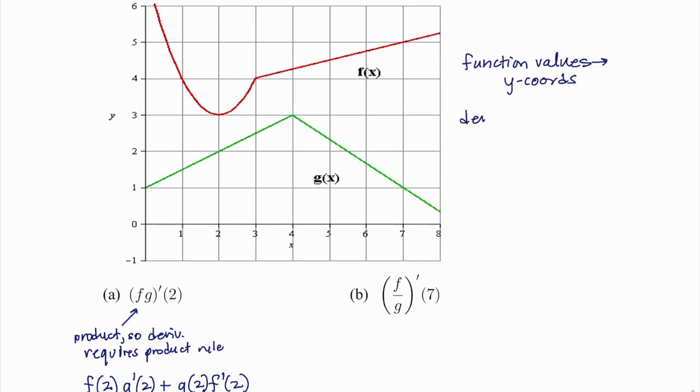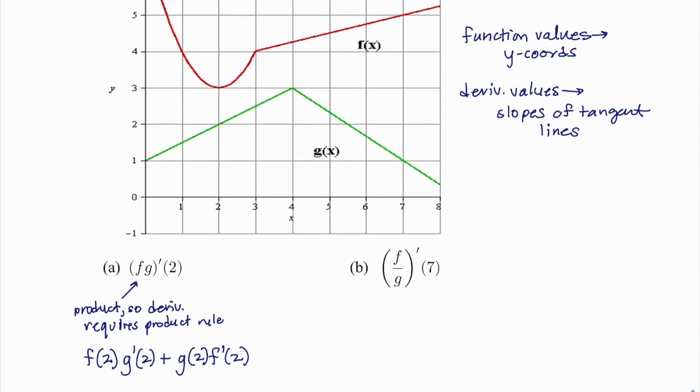Derivative values are slopes of tangent lines, but in most cases here, that's just going to be the slope, because most of these pieces are just linear. Okay, so we want y-coordinates for these two, and we want the slopes of the tangent lines for these two.